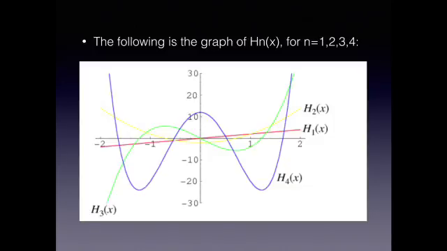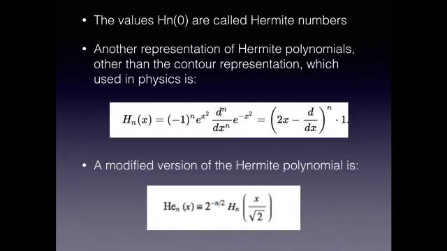Now, this is the graph of Hn of x for values of n from 1 to 4, that is H1 of x, H2 of x, H3 of x, and H4 of x. As we can see, there are varying graphs representing each set of Hermite polynomials. Now, the values Hn of 0 are popularly called Hermite numbers.